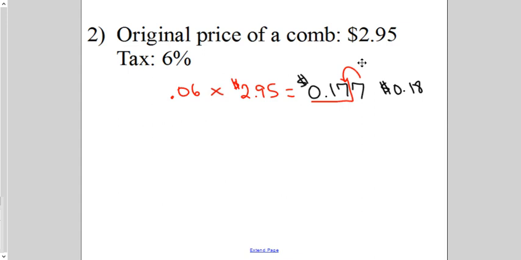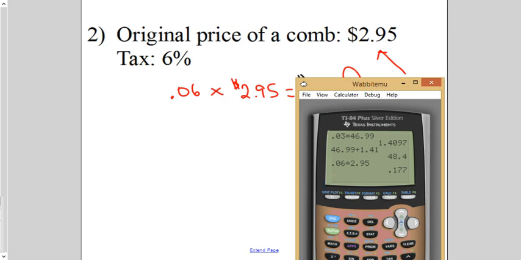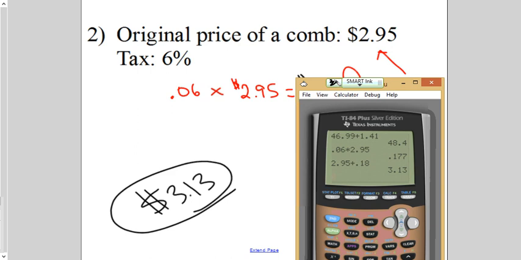Okay, add the 18 cents to the 2.95, and that's our total cost. So 2.95 plus the 18 cents. Our final cost, $3.13.